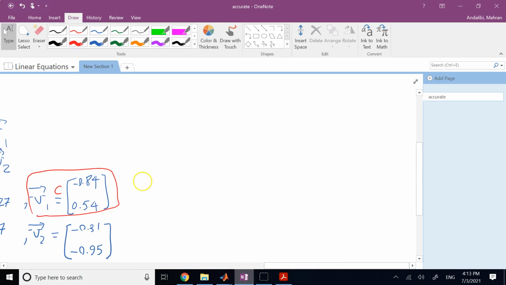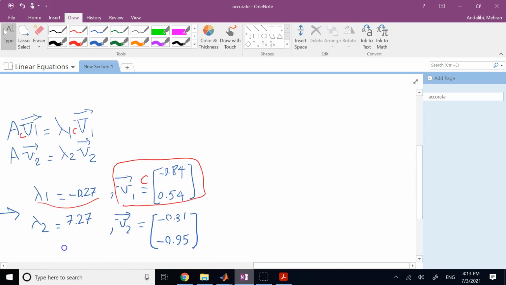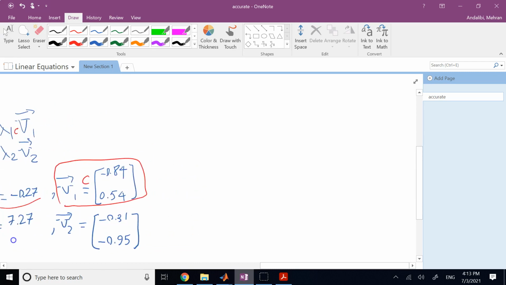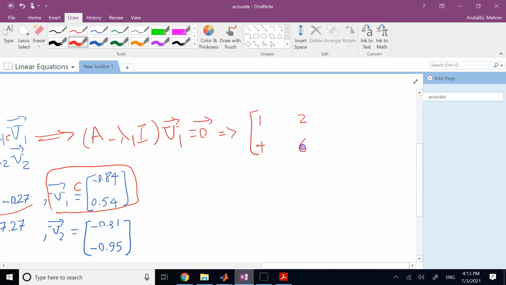Once I determine my lambdas, let's say I determine this first lambda, the way to go about v1 is, you can write (A minus lambda 1 I) times v1 equals the zero vector, correct? My A is 1, 2, 4, and 6.